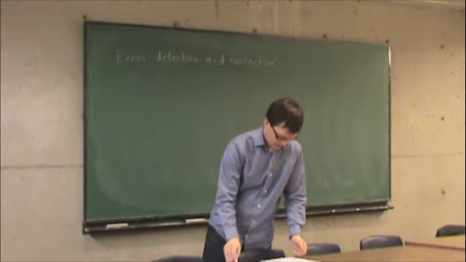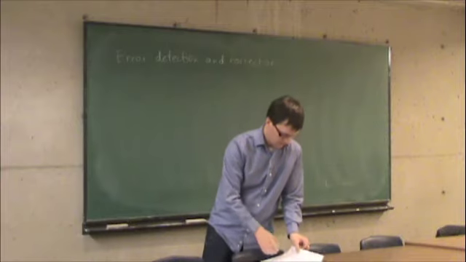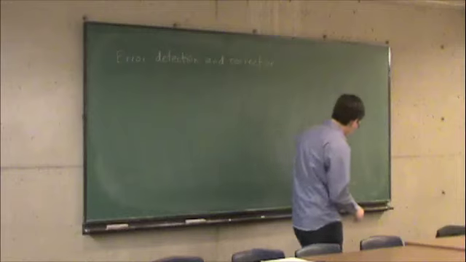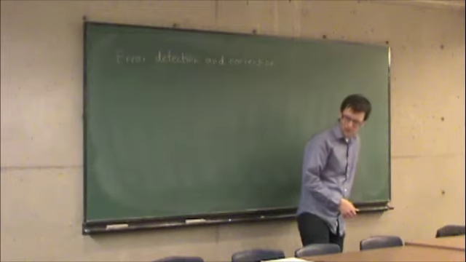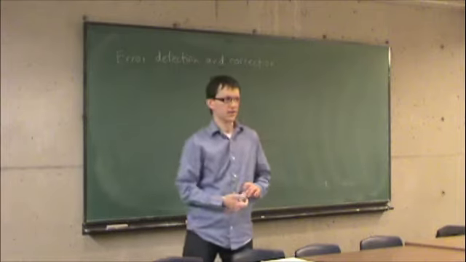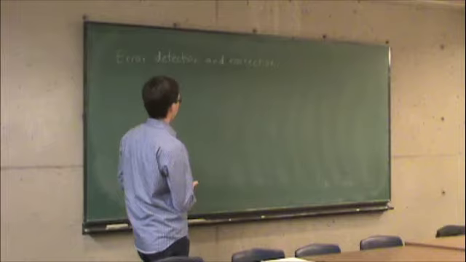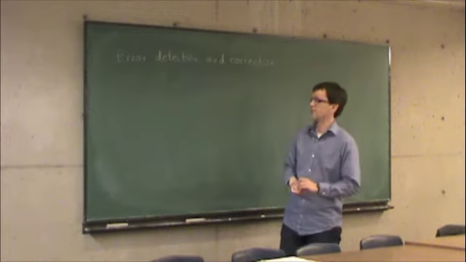So far, we have been all about calculating the probability of error. And we basically said, if you want a low probability of error, what you've got to do is crank up the energy. But error detection and correction is a way of trading off time against energy. And in fact, a very efficient way.